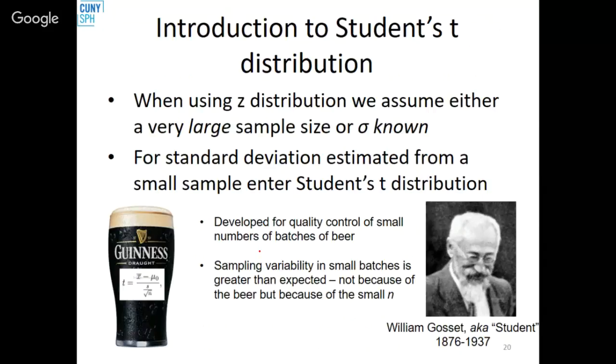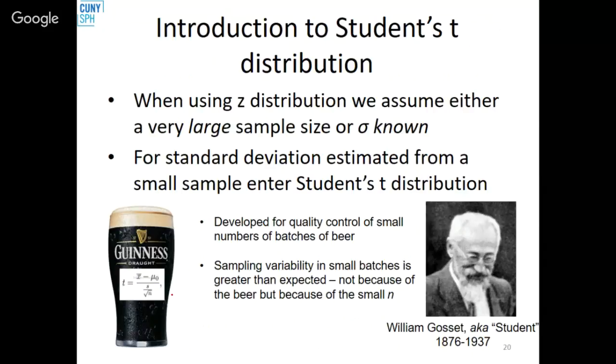So you take some small number of samples, and you want to test a null hypothesis that these small batches were no different than what is expected, say for alcohol content or other properties he was aiming for in the quality of the beer.